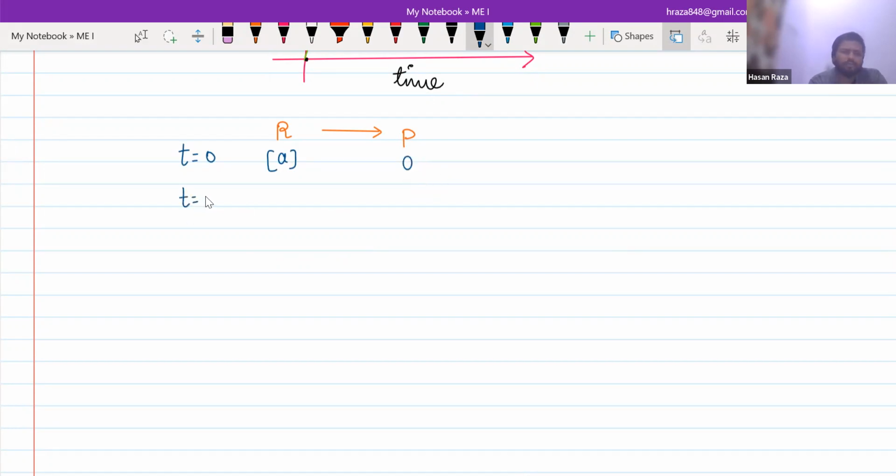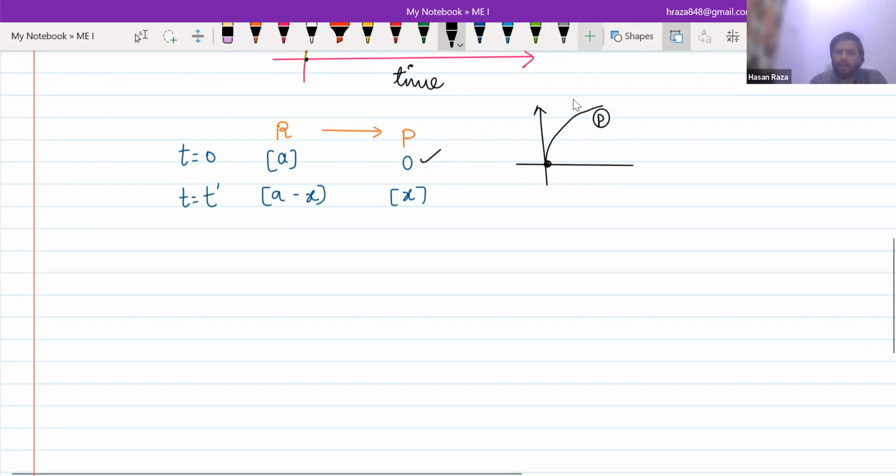At t equals t dash, let's say, the concentration of reactant will decrease and there will be some formation of product, right? That's why the graph that I plotted will be like this. This is for product because it started from 0 and it will have some value, and the reactant already has some value which is decreasing. So this is for reactant.